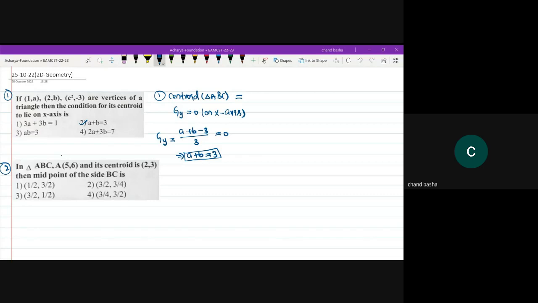Any idea, please, how to do this question? Any approach? Any idea how to solve this question by anybody else? Deepika, Dhanalakshmi, Archana, Ajay.